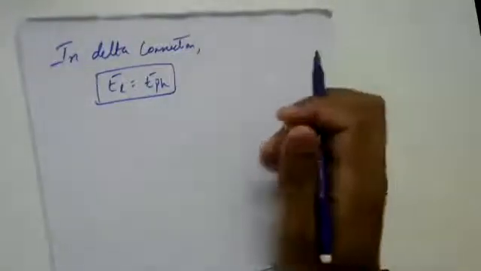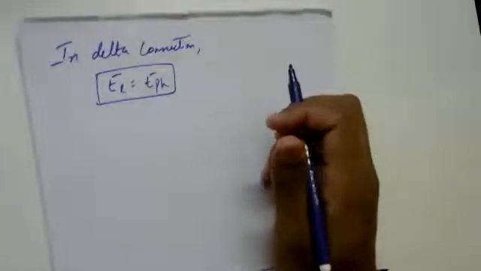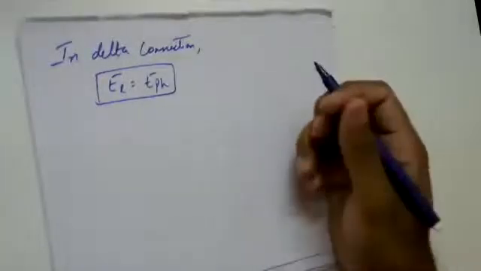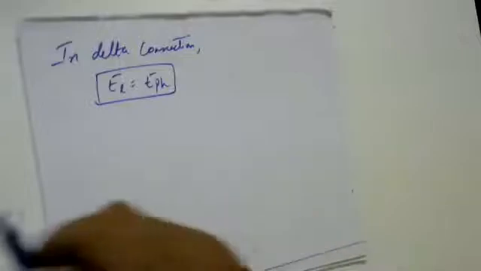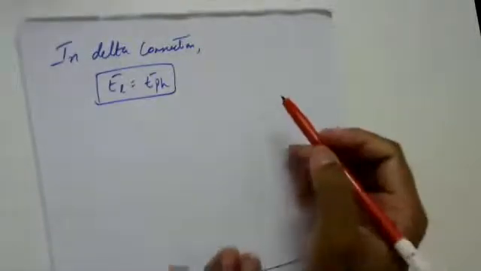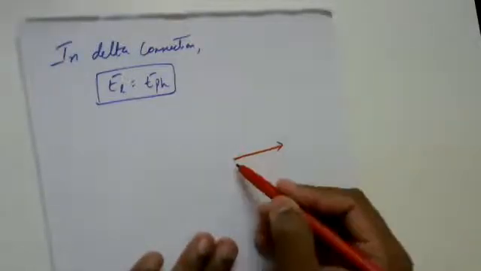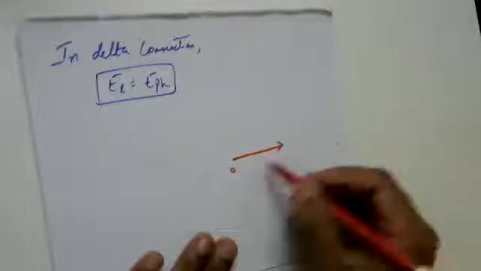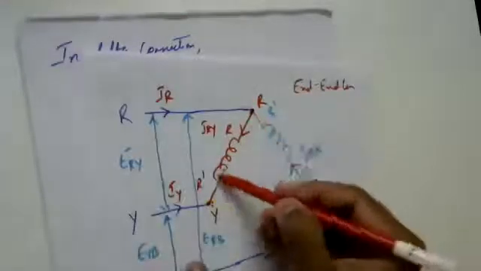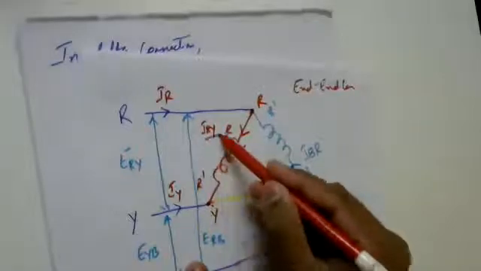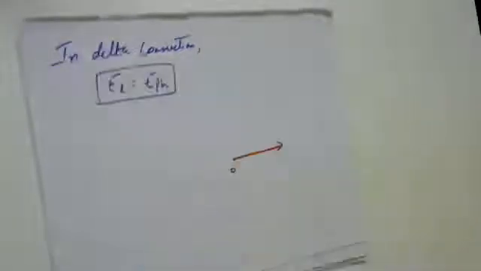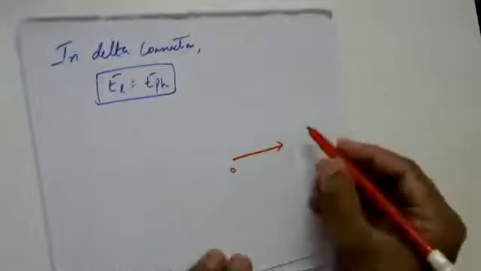First, we are going to plot the vectors for our phase currents. So this is my origin, and this vector indicates the current flowing through the R phase, that is my IRY.